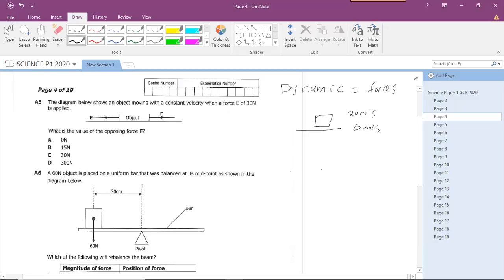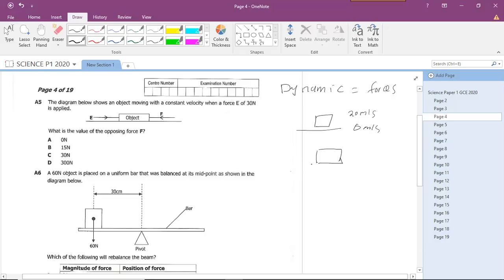Then Newton's second law is about resultant forces and unbalanced forces. So Newton's first law saying an object is at rest, it will continue being at rest until an unbalanced force acts on it to change its motion. So again, let's look at Newton's second law.